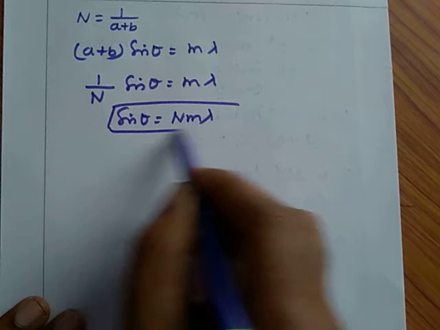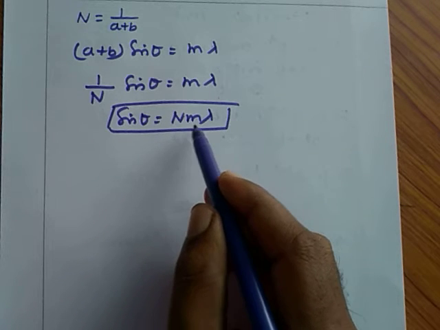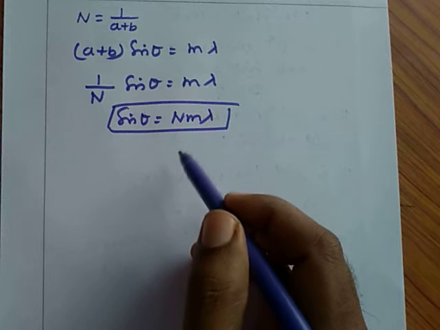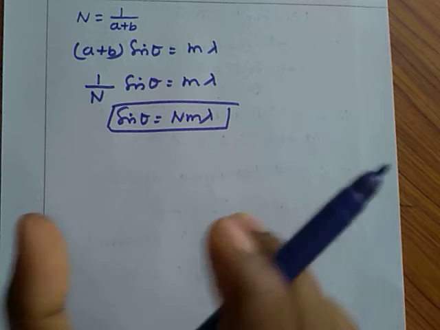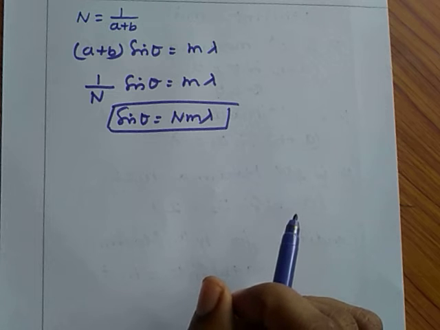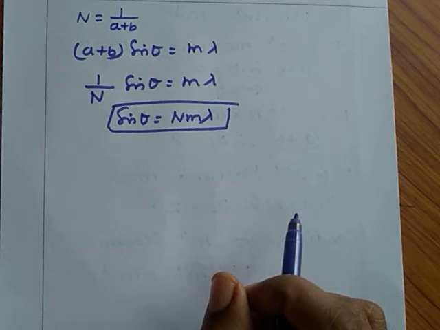Here theta is the angle of diffraction, n is the number of grating elements in 1 unit length, m is the order of diffraction, and lambda is the wavelength that we used. With the help of this equation, let me show how to find the wavelength of a monochromatic source as well as a polychromatic source.